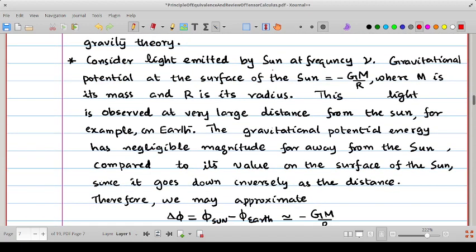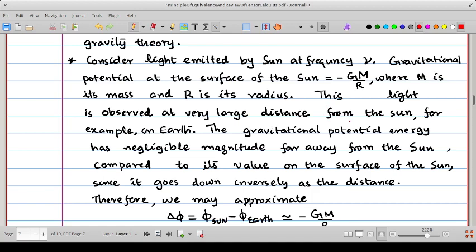Now we consider light emitted by the sun at frequency nu, and the gravitational potential at the surface of the sun is given by minus GM by R, where M is the mass of the sun, R is the radius of the sun, and G is the gravitational constant. And this light is observed at very large distance from the sun, for example on the earth.